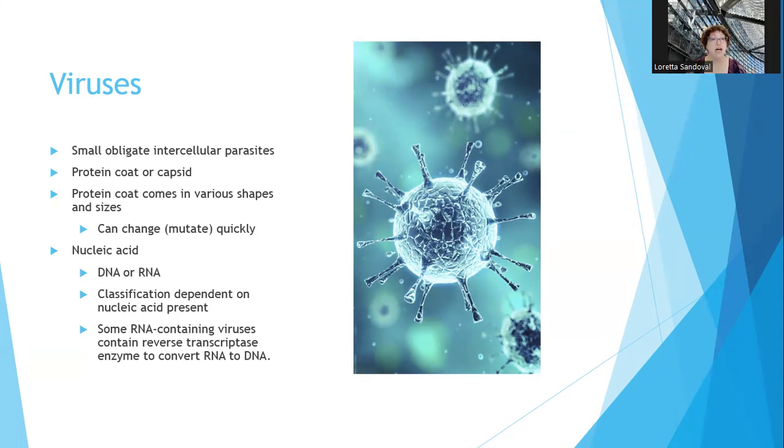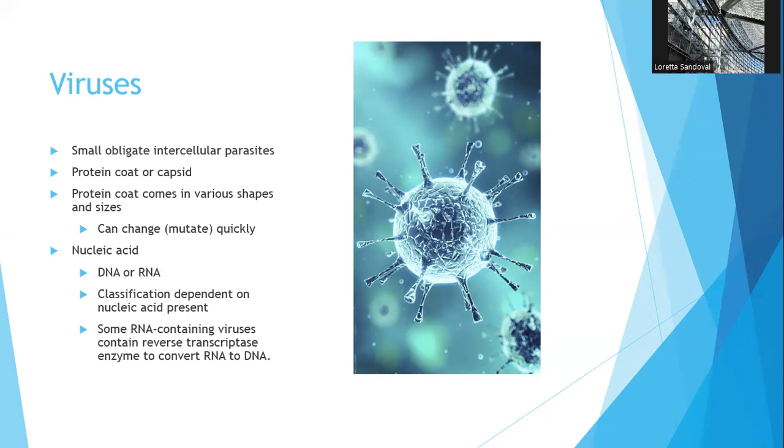They come in lots of shapes and sizes, and the nucleic acid content and form is how they classify viruses. A virus that contains RNA only as its nucleic acid is called a retrovirus, and the retrovirus has to enter the human cell or the cell that it's preying on.